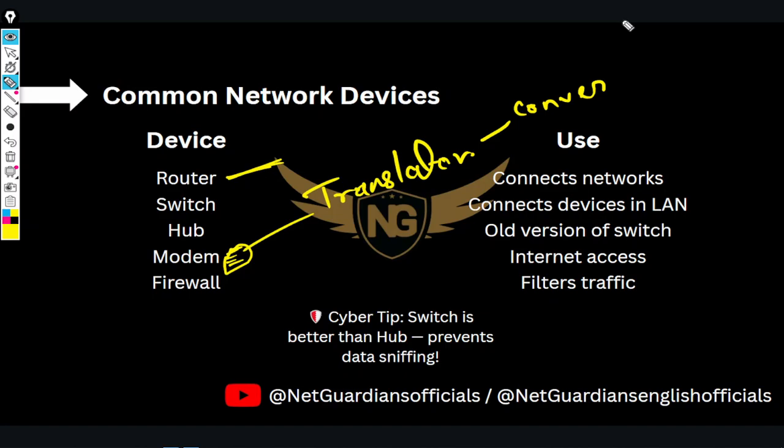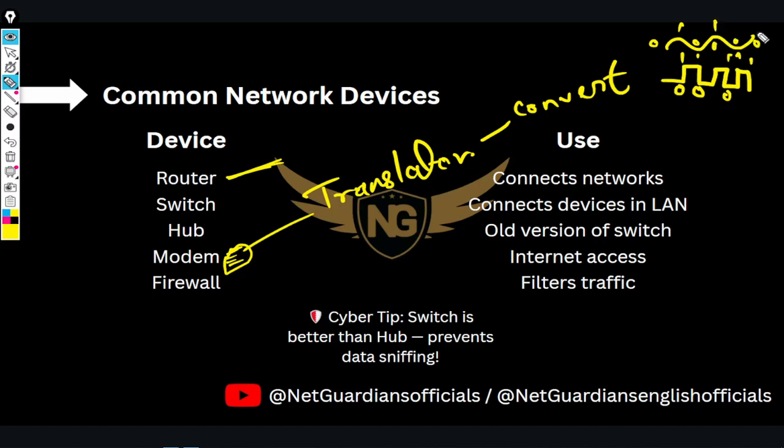How does an analog signal look in graphs? It's like this, and a digital signal is this. We can say this is 0, this is 1, this is 0 1 0 1, and here 0 1 0 1 0 1 0.